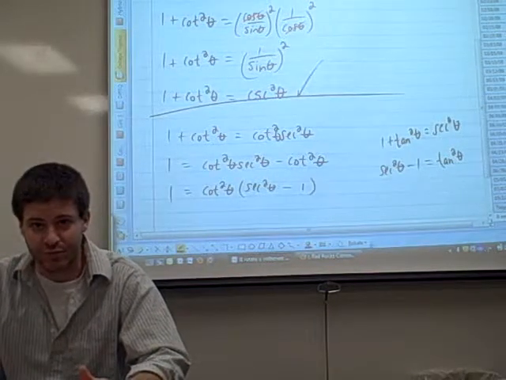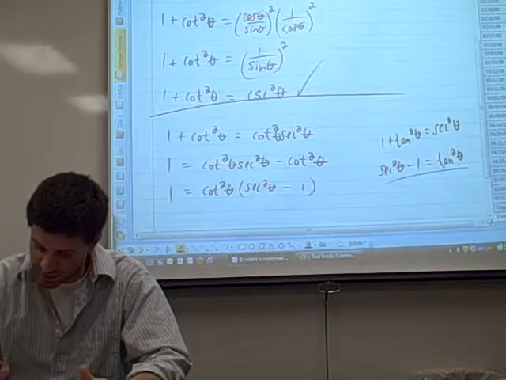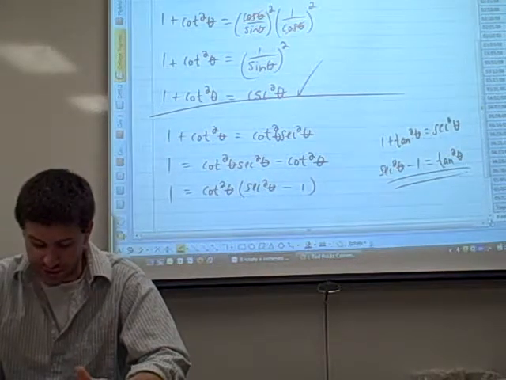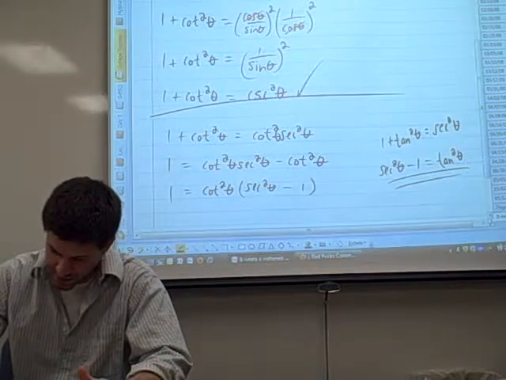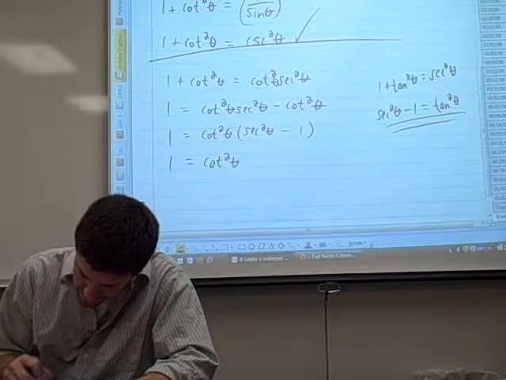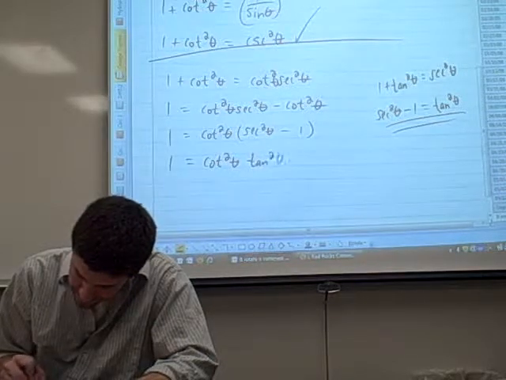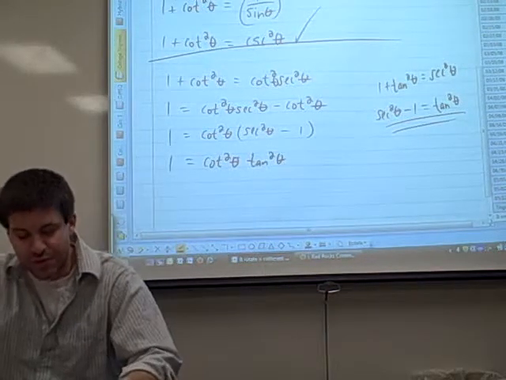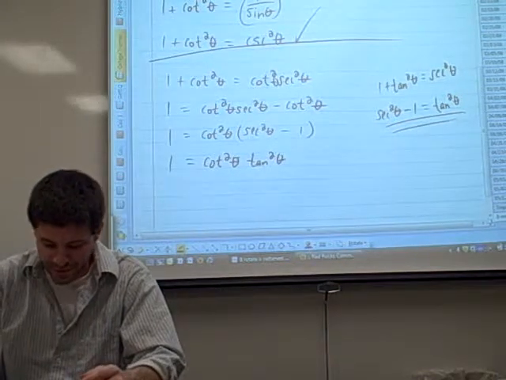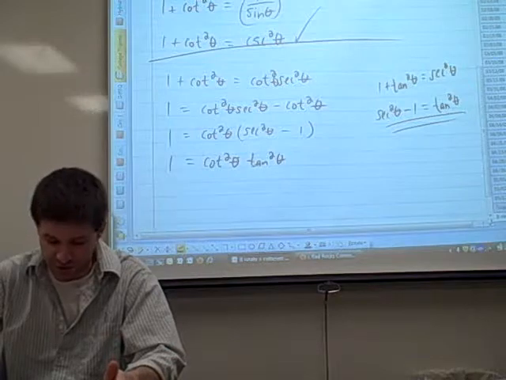If you subtract 1 from both sides of that equation, you get that one right there. So secant squared theta minus 1 equals tangent squared theta. Okay, so let's plug that in. Well, you might notice right off the bat that cotangent and tangent, they're reciprocals of each other. So you might notice right away that this is true.